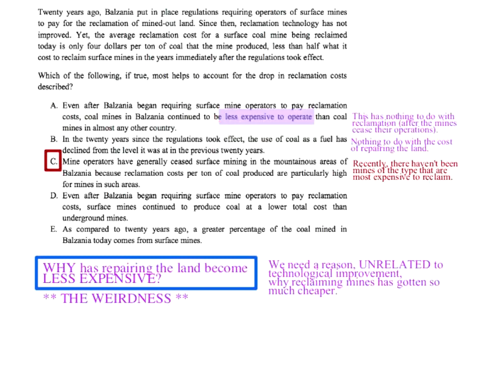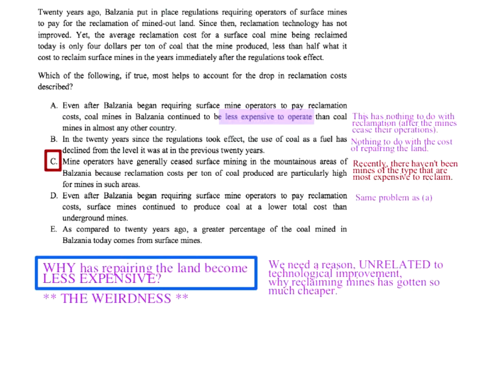D doesn't matter. Production of coal doesn't make any difference. It's kind of like A. A is just talking about the actual operations of mines. So is D. This is a choice about actual mining operations, but we're talking about the cost of cleaning up after the mine is finished working.